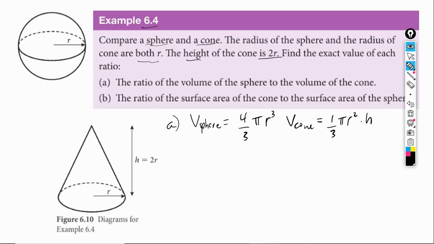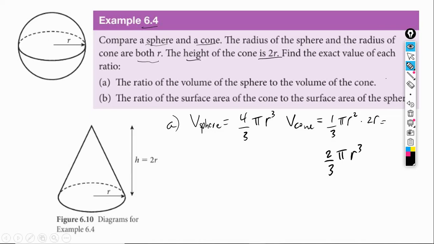But they already told us that the height of the cone is 2r. So we can substitute h here for 2r. So let's do that. And if we have 2r, then we can rewrite this expression as 2/3 pi r cubed.